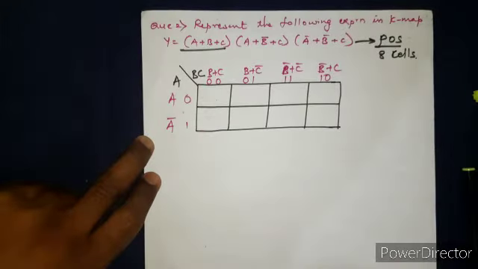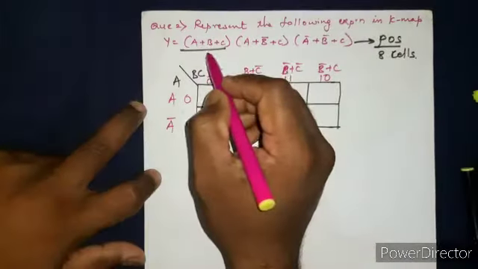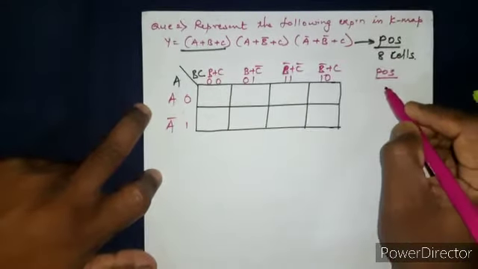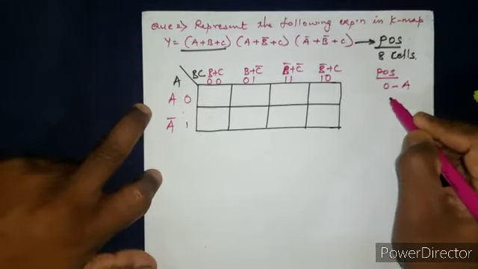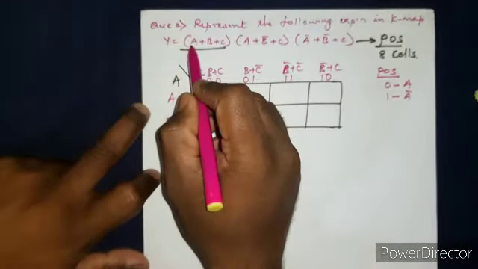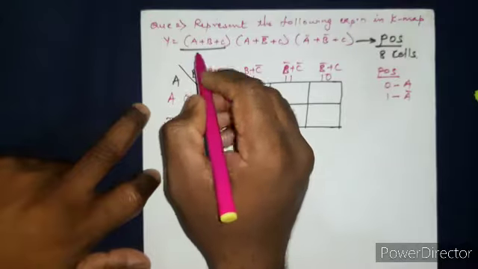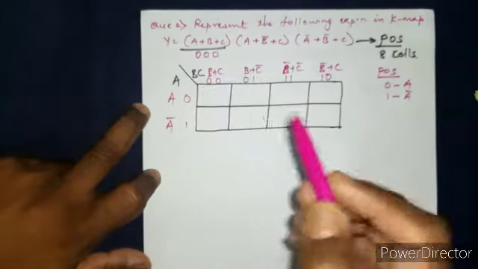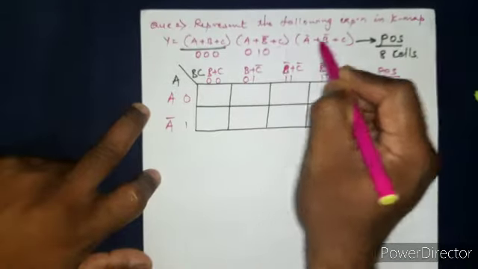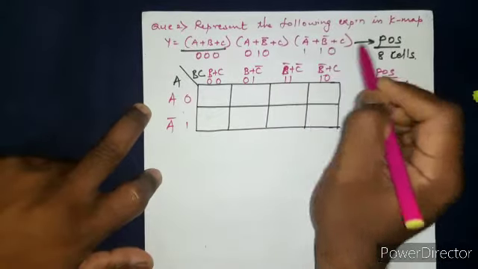Now if you just recall this POS form, then 0 means the variable itself, 1 means its complement, right? Now this is the variable itself, so this is 0, 0, 0. This is 0, 1, 0, and this is 1, 1, 0.